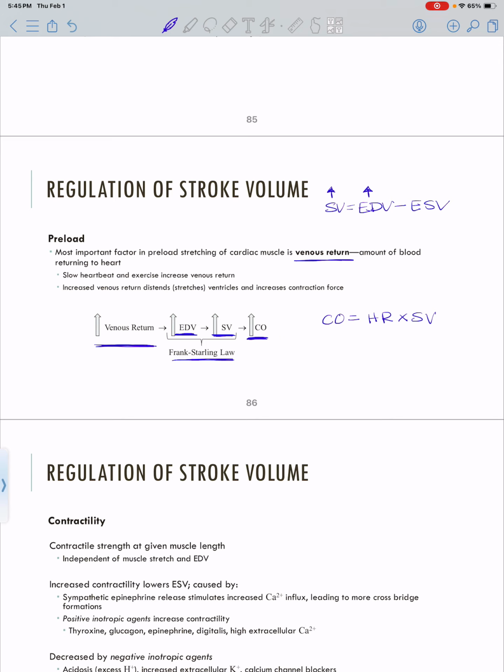If we decrease our venous return, so say we have an injury that causes some blood loss, we're going to decrease our venous return, which is going to cause us not to fill our ventricles as much during relaxation. So it's going to lower our end diastolic volume, which is ultimately going to lower our stroke volume and our cardiac output.